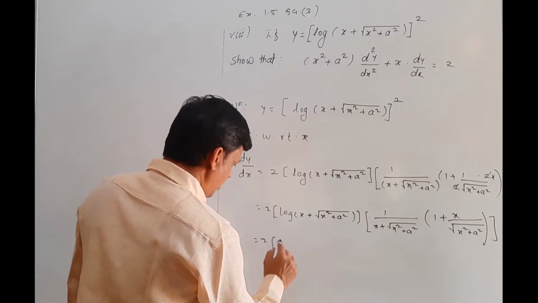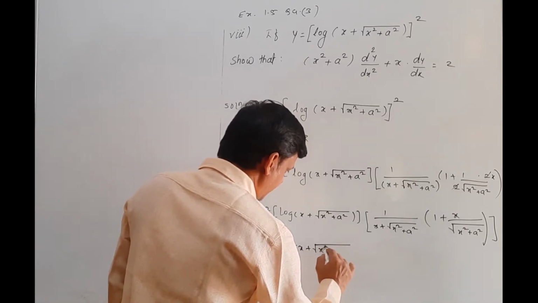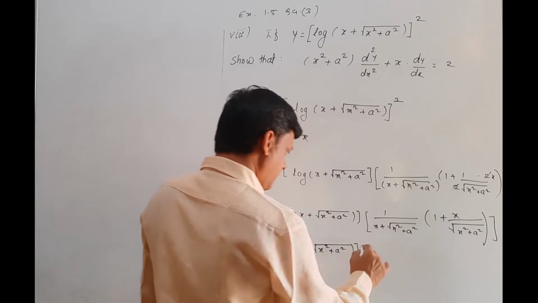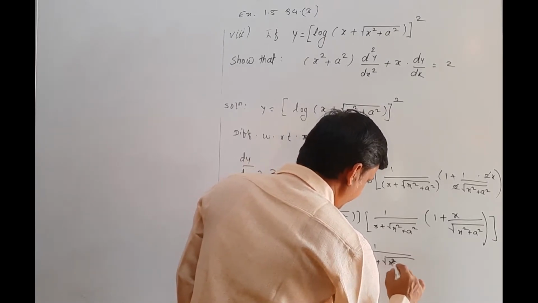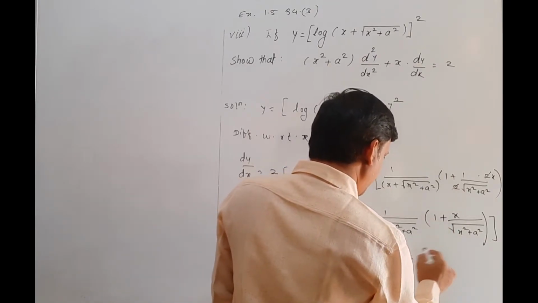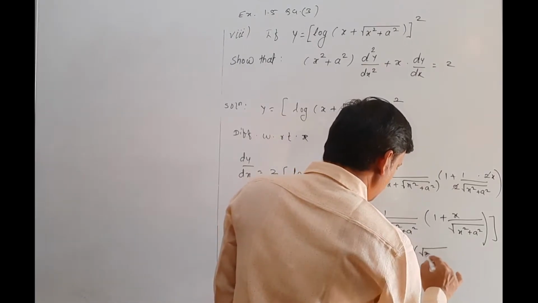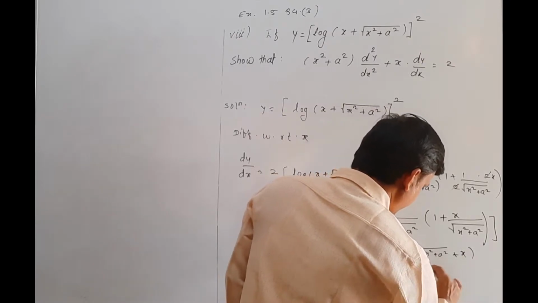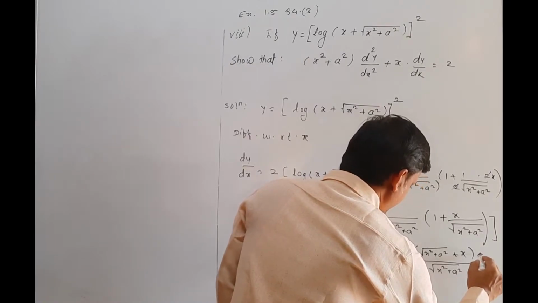So write 2 log(x + √(x² + a²)) into 1 upon x + √(x² + a²). And after cross multiplication we get 1 into √(x² + a²) as √(x² + a²) + x upon √(x² + a²).